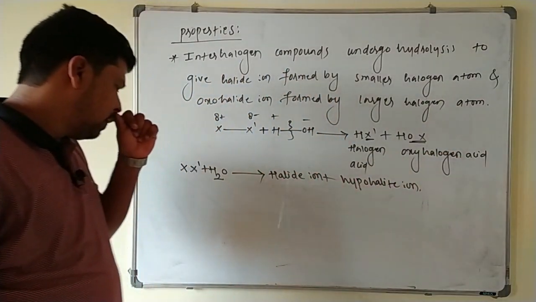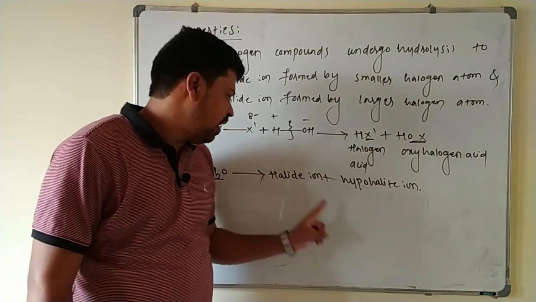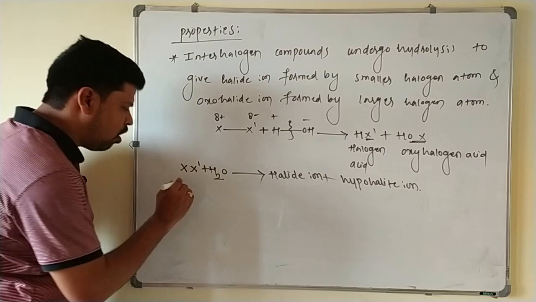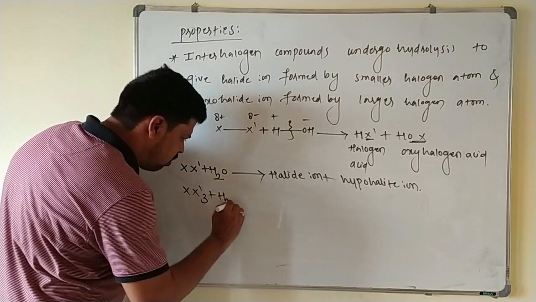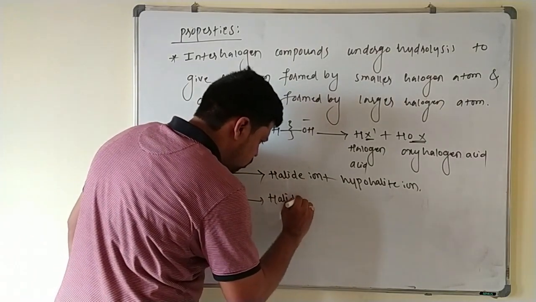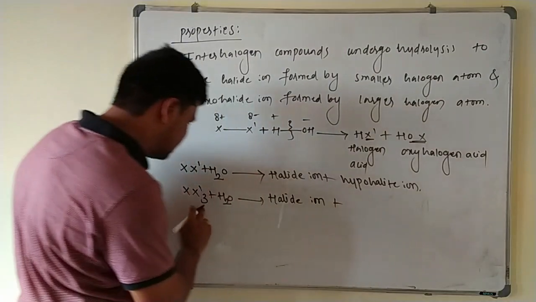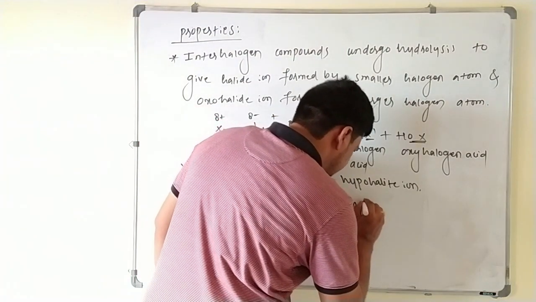In case of XX' you get hypohalite ion, and halide ion is common in all the remaining types. XX'3 on hydrolysis again gives halide ion, and in this case you get halite ion.